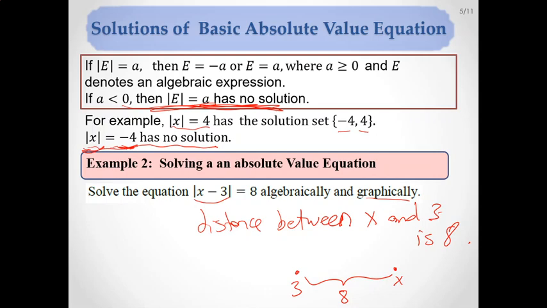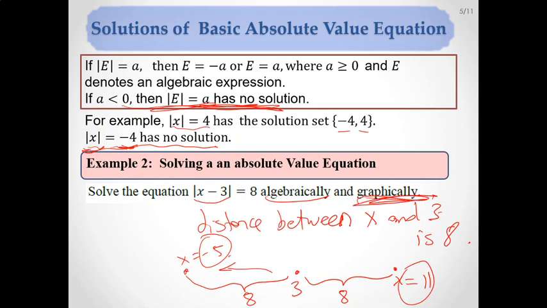What is x? x should be 11, and you can do the same thing on the other side. If you go this way, it has to be minus 5. So algebraically and graphically, we get these two solutions again.